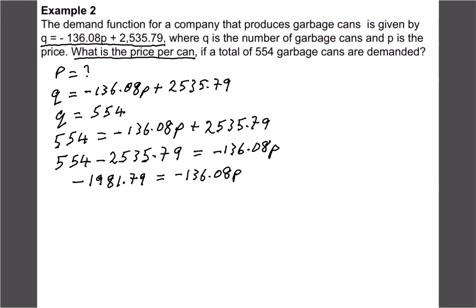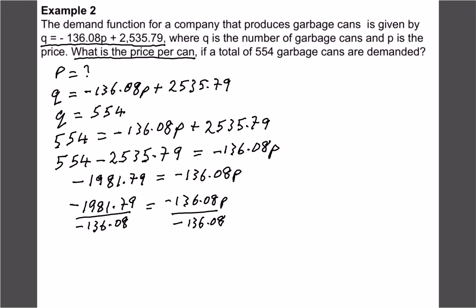So that will give us the negative 136.08, and this side cancels. We use the calculator to work out the left hand side.